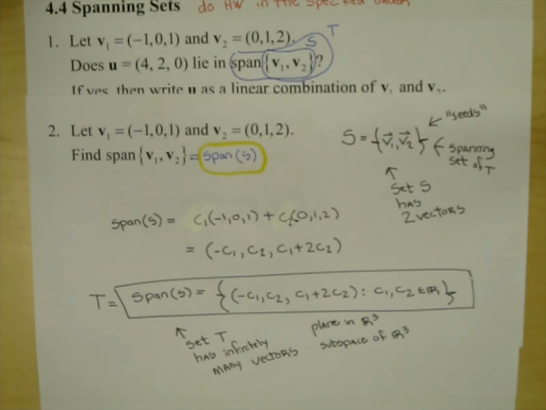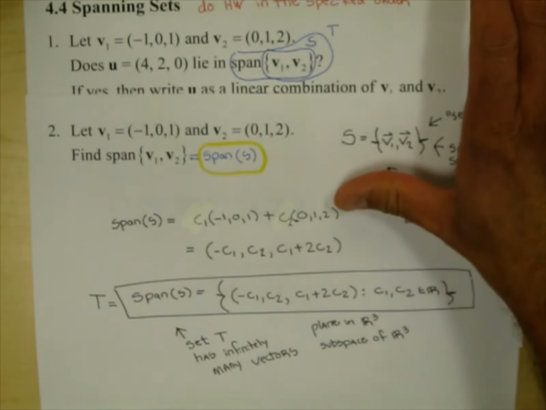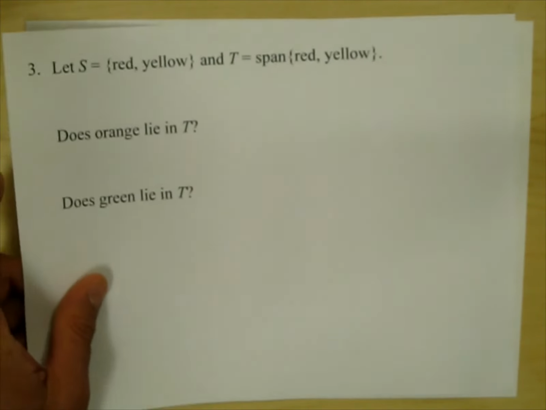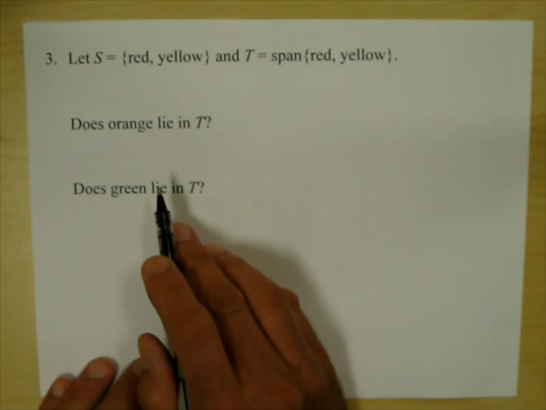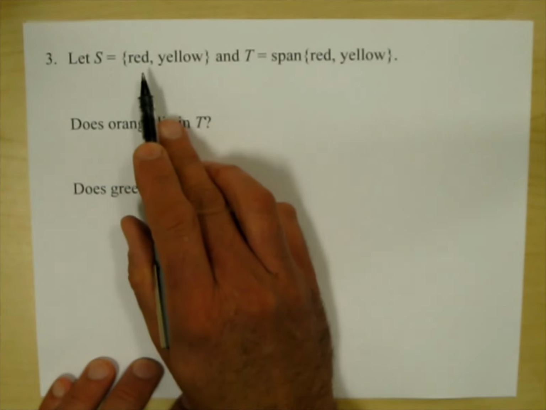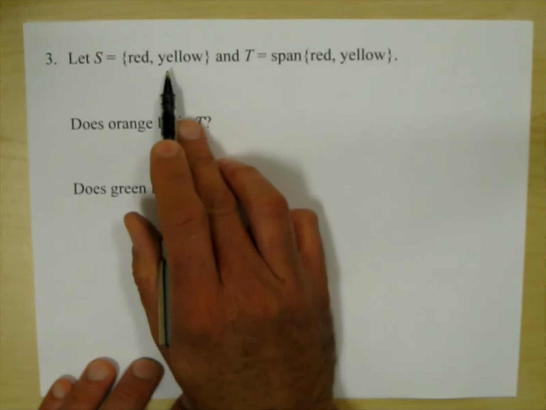Let's go look at sort of an unconventional example of this. We're going to do a lot more examples of this. So if you're kind of going, wow, I'm really confused, well, here's something that will confuse you maybe more. Look at this. S is a set of vectors: red and yellow. So you're like, these are vectors?